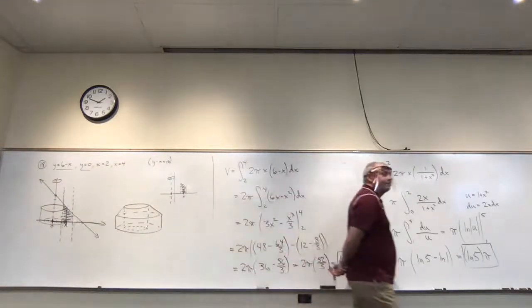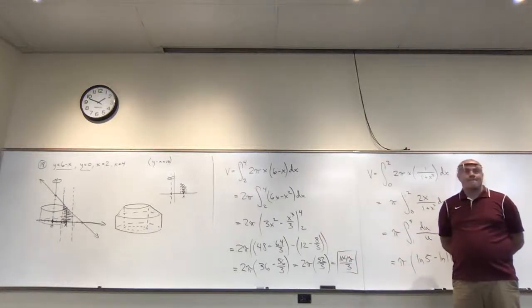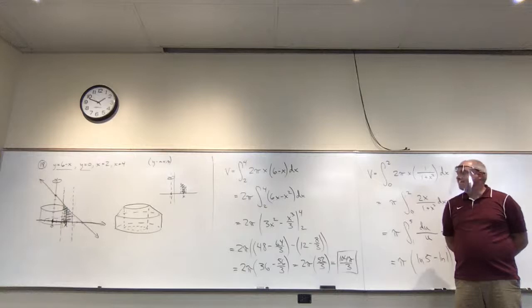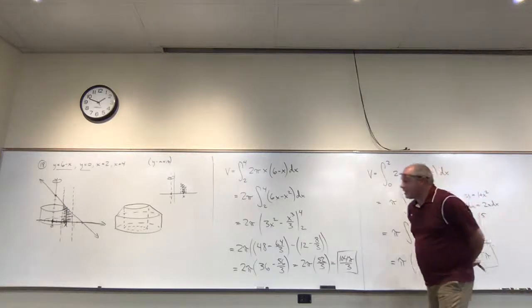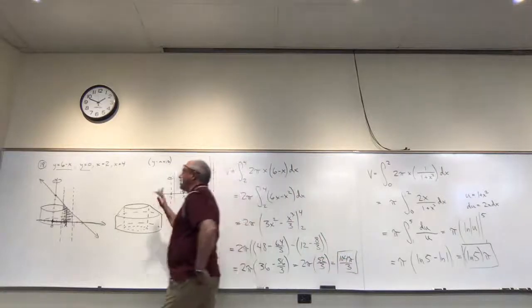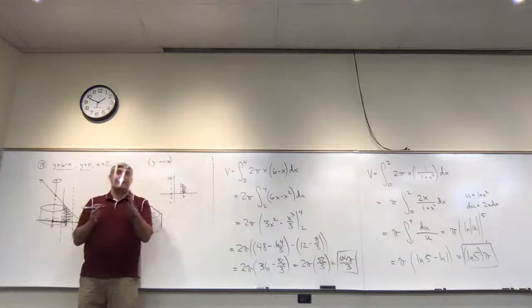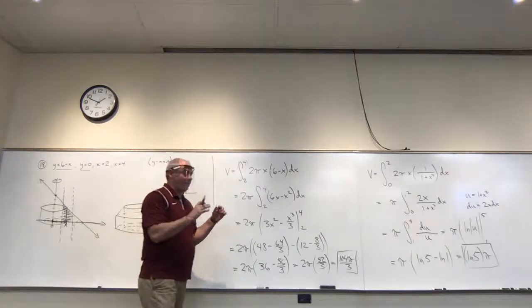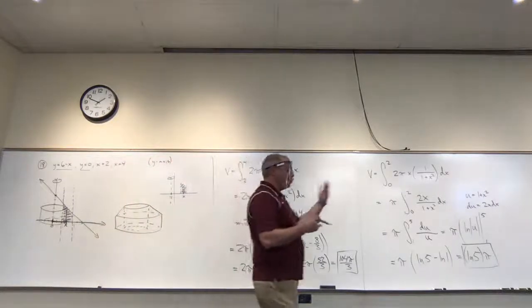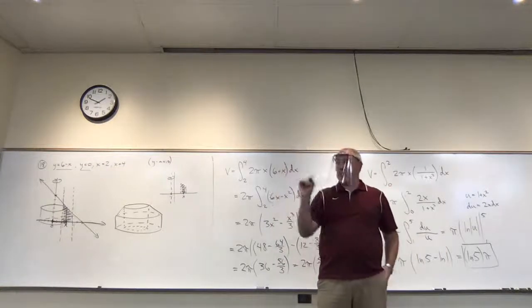Any questions? Okay. So the last word before you go for today is, if you learn nothing else, this little trick of which way to cut and how do you know which method to use. It's all about your first slice.